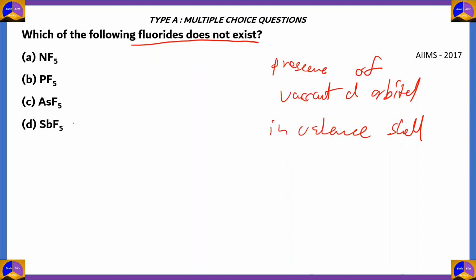When it comes to antimony, it is present in the 5th period, so therefore it will have 5d vacant orbital. So therefore this one exists. SbF5 exists. So option D is incorrect.